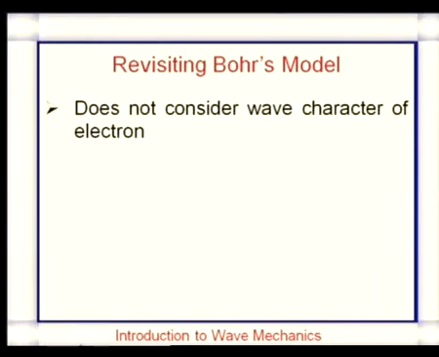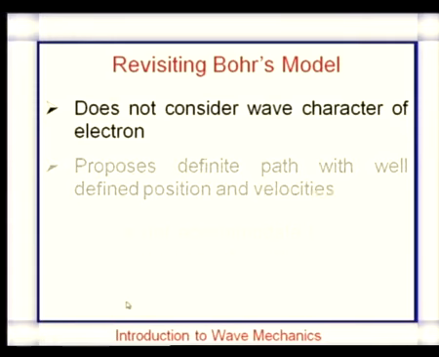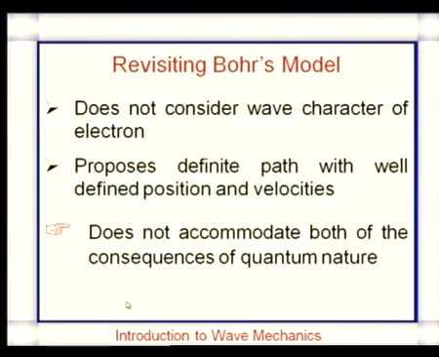Critically revisiting Bohr's model, number one, it doesn't consider the wave character of the electron. Number two, it proposes a definite path with well-defined positions and velocities, which again is not acceptable because Heisenberg suggests we cannot talk about certainties or definite paths.